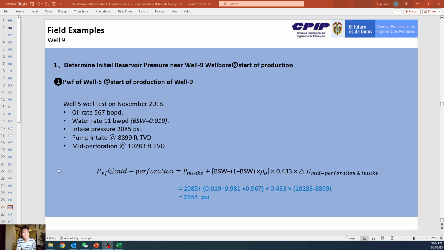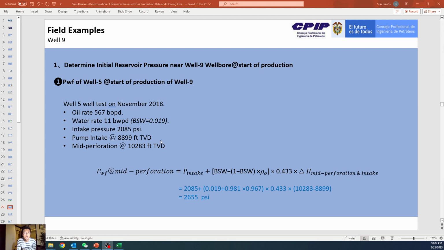Step 1. Determine the initial reservoir pressure near the well 9 wellbore at the start of production. Flowing pressure of well 5 at the start of production of well 9. Well 5 well test in November 2018: the oil rate is 567 barrels per day, water rate 11 barrels per day, so the BSW is nearly 1.9%.